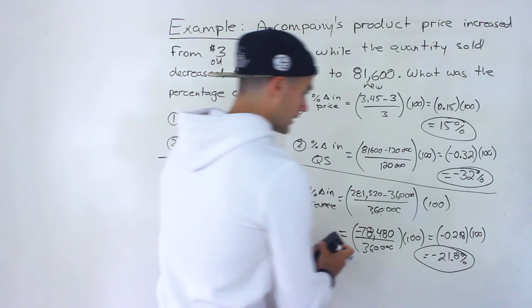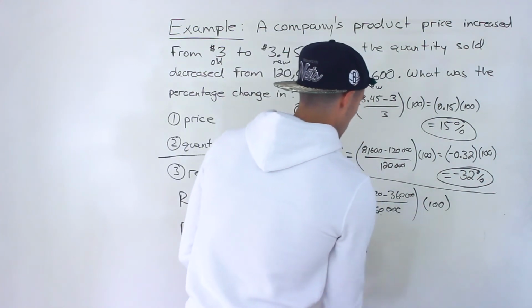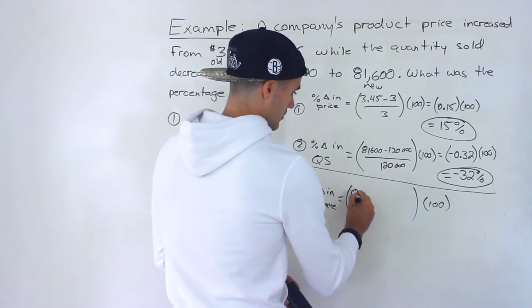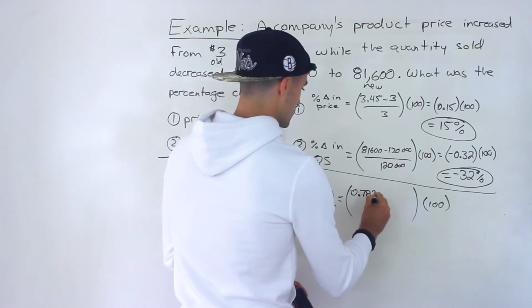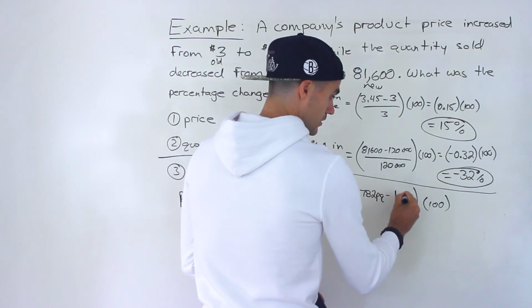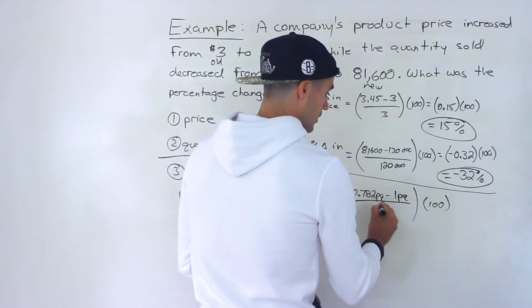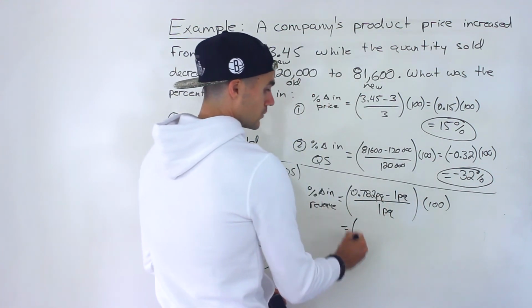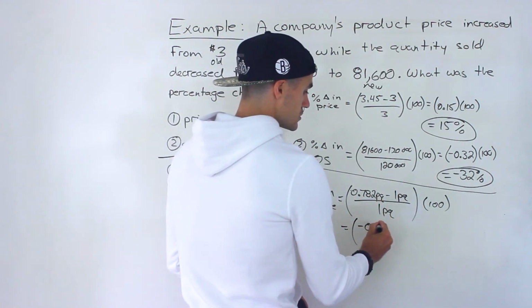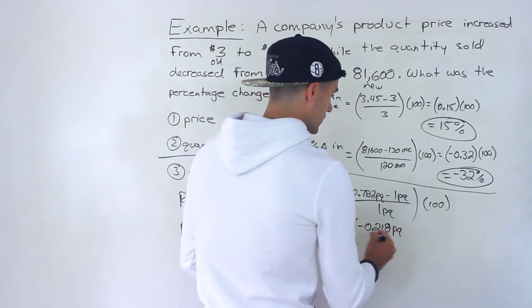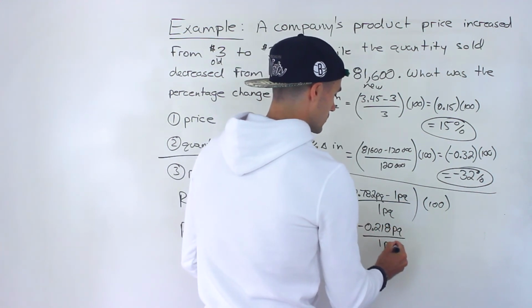And so plugging it into the exact same formula, what's going to happen? 0.782 PQ minus 1 PQ, new minus old, over the old. 0.782 minus 1 would give us negative 0.218 PQ over 1 PQ.